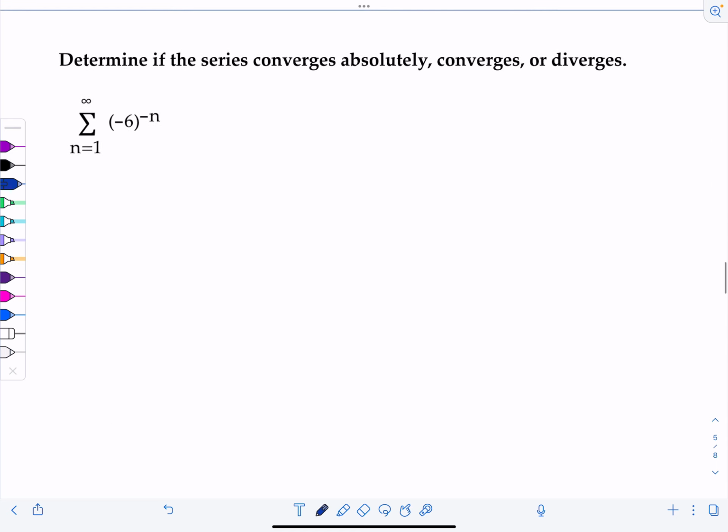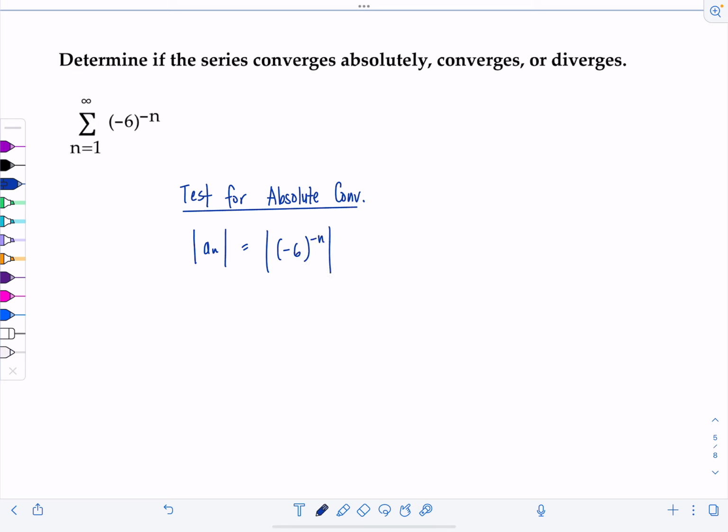Determine if the series converges absolutely, converges, or diverges. So again, I'm going to look at the absolute value of the terms first. So let's test for absolute convergence. So what is the absolute value of an? The absolute value of an is the absolute value of negative 6 to the negative n.